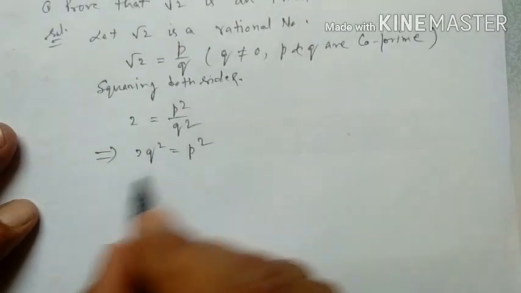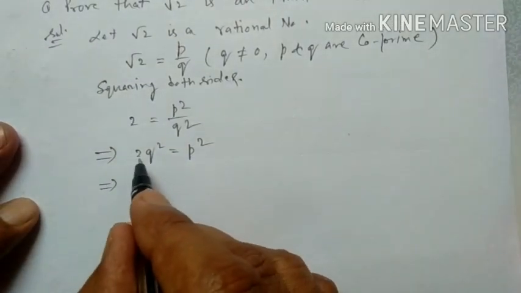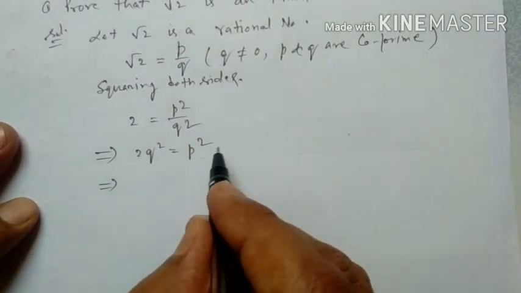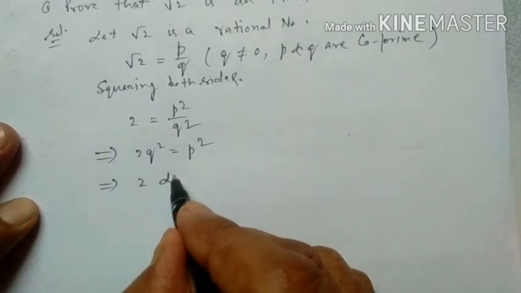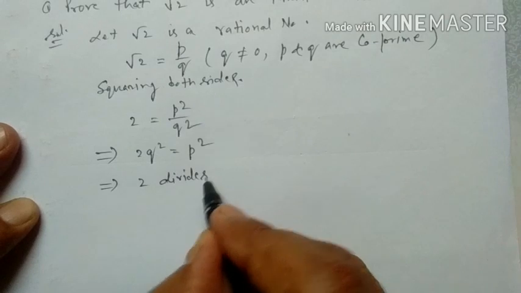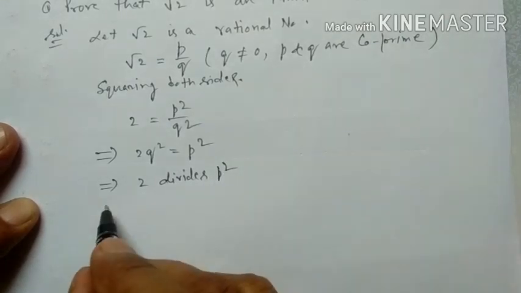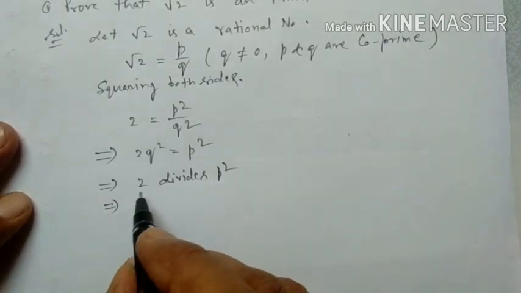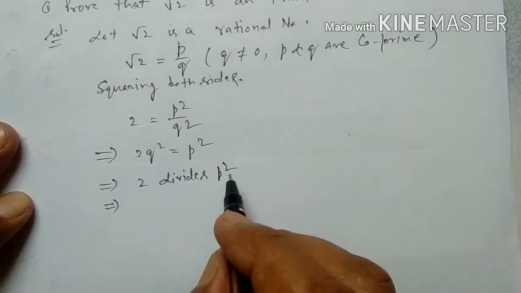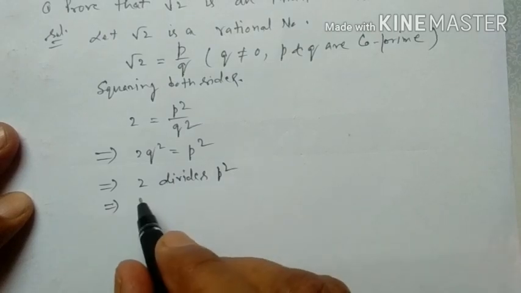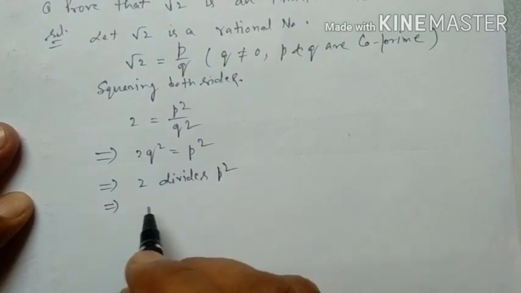p square. It means 2 divides p square, and we have a theorem when any prime number divides p square, then that will be divided also p.